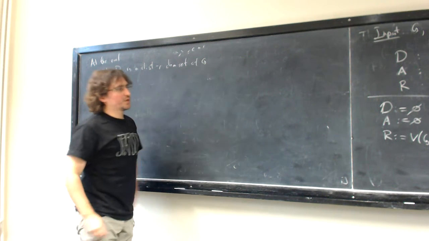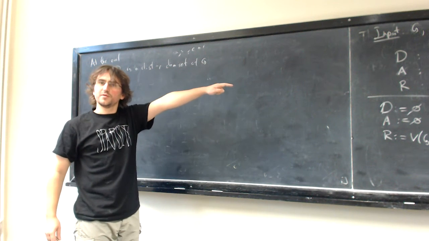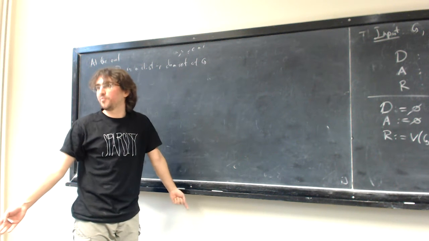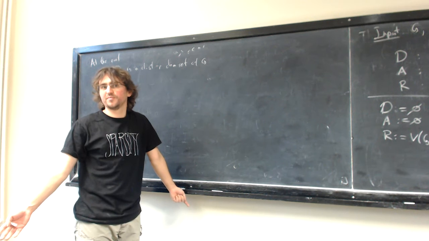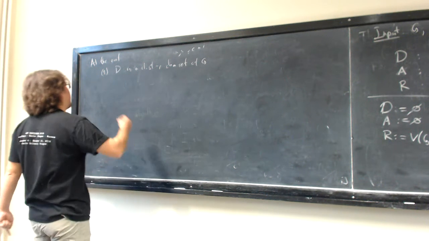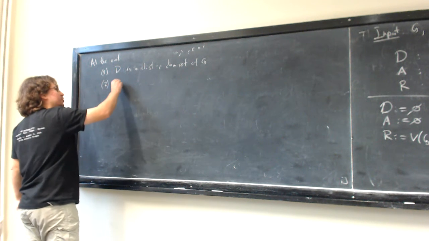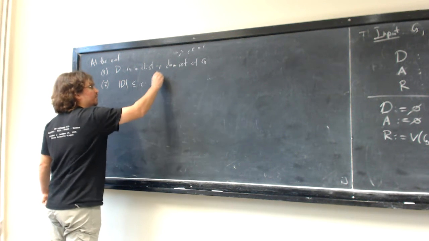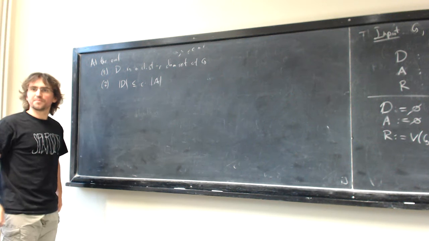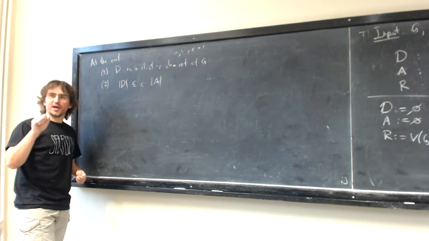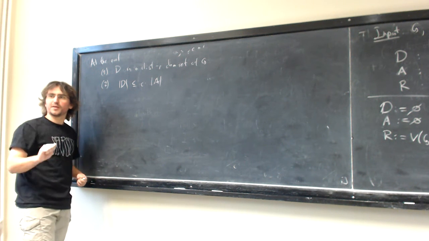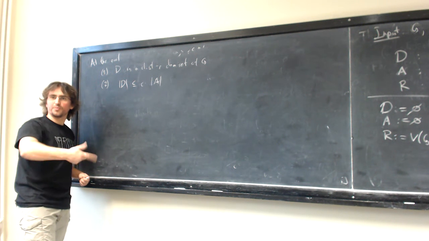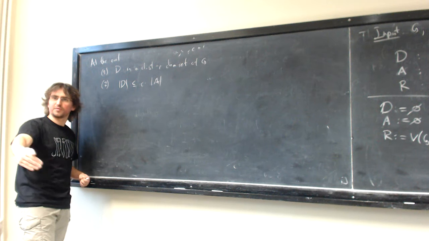Because we had the invariant that rest are precisely the vertices not dominated, and we stop when nobody is not dominated. Second, the size of D is bounded by C times the size of A, because every time we were adding one vertex to A, we added at most C vertices to D. So the ratio between the size of D and the size of A is always bounded by C.